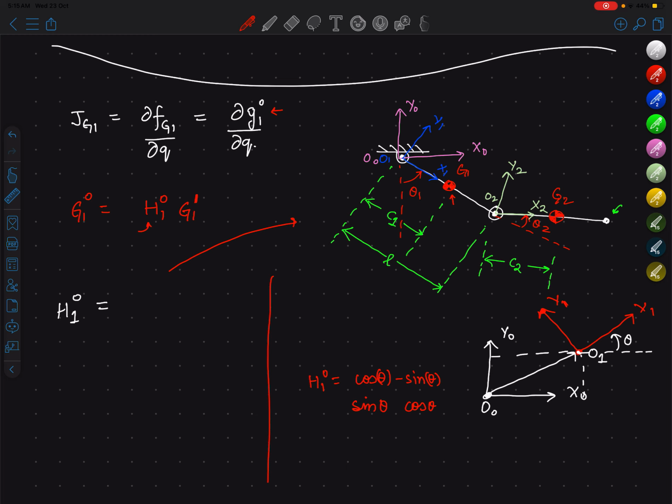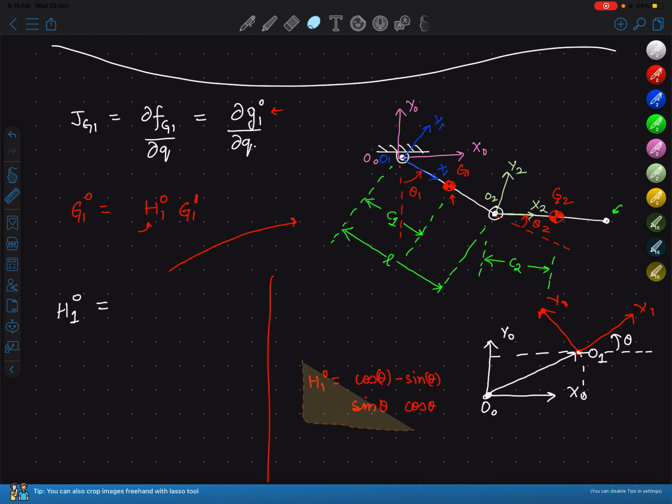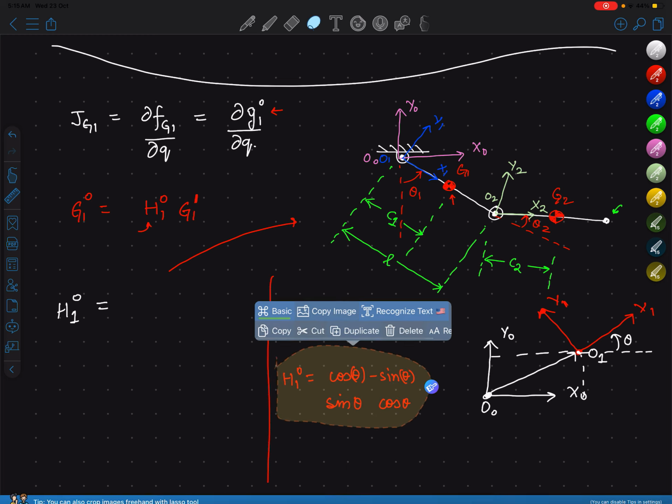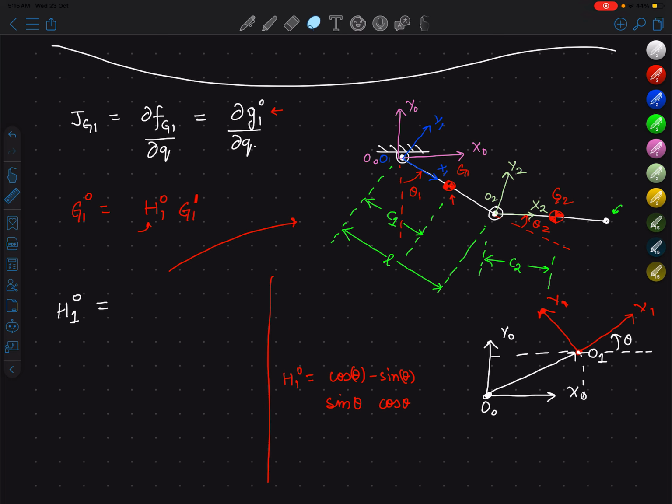So this is the rotation part, right? Then there is this translation part where basically x of O1 with respect to 0, y of O1 with respect to 0, and then 0, 0, 1. Let me write this with a different color.